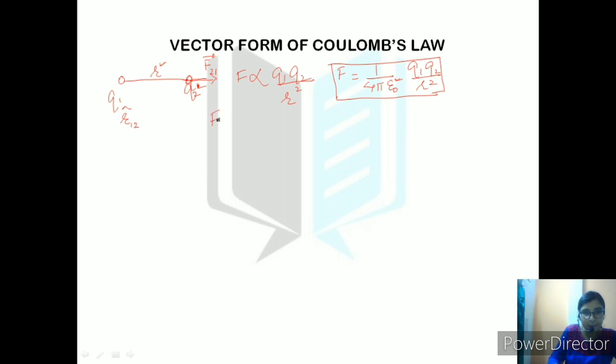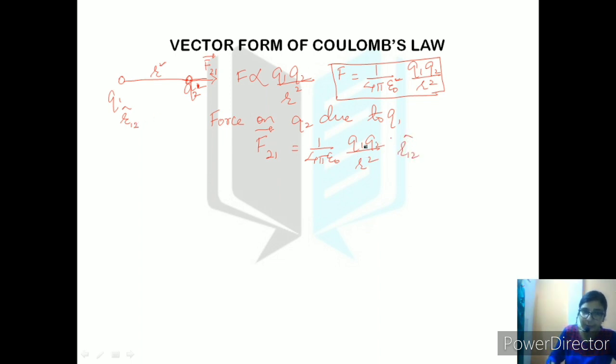So this is the force on Q2 due to Q1, and we have represented it by F21 vector. By Coulomb's law, it is 1 by 4 pi epsilon naught Q1 Q2 by R square, and its direction here is from 1 to 2.